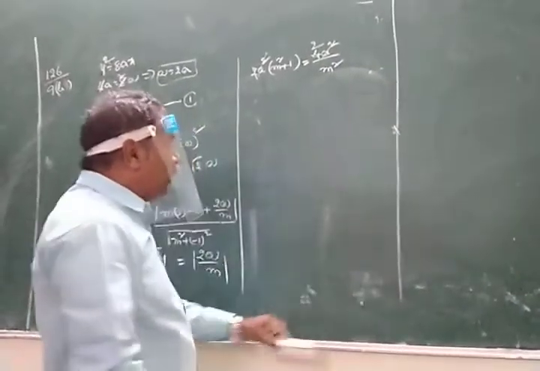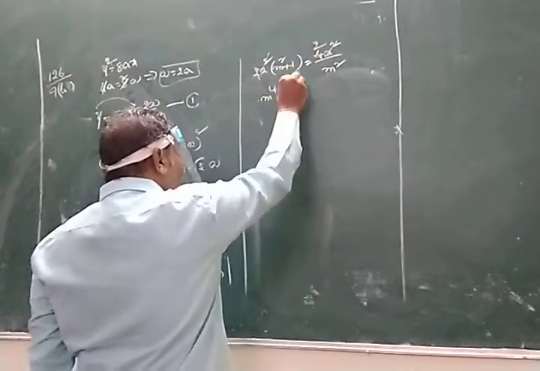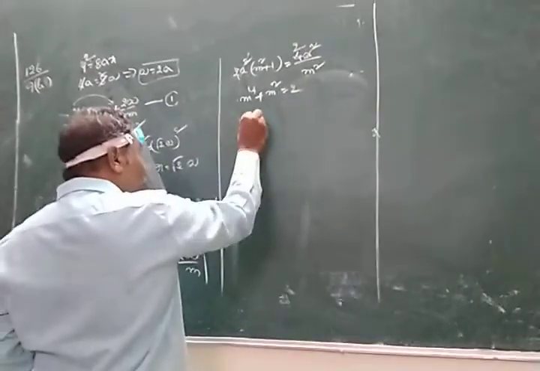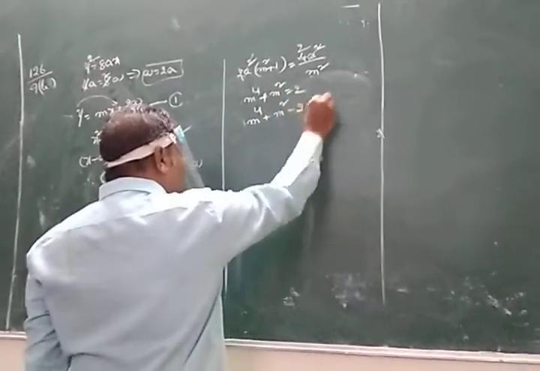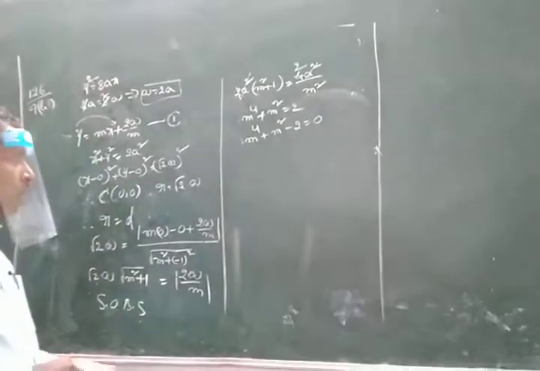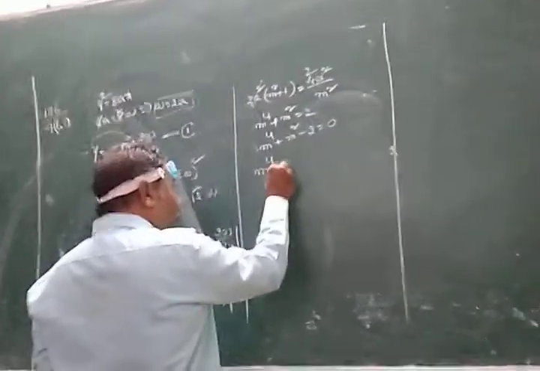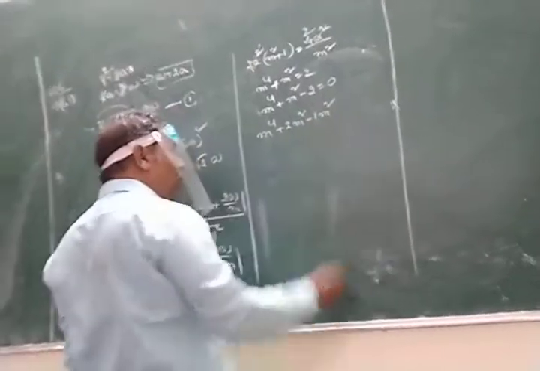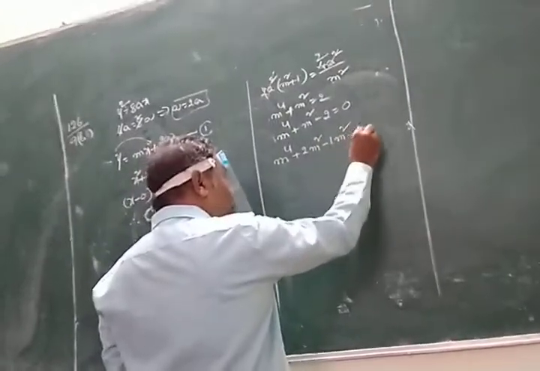By cross multiplication, m power 4 plus m square equal to 2. m power 4 plus m square minus 2. Split into factors: m power 4 plus 2m square minus 1m square minus 2.